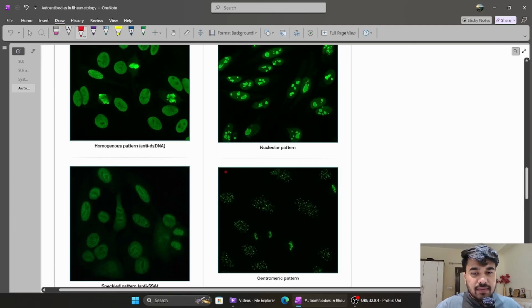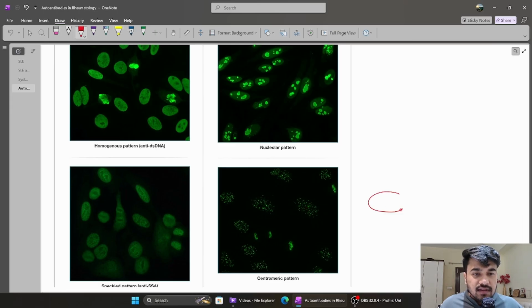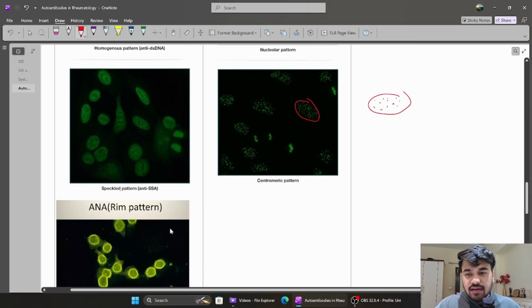Similarly, in centromeric pattern, only the small centromeres inside the nucleus are stained. So it's a very peculiar appearance that multiple small stained dots are visible inside the nucleus. So this is how the centromeric pattern staining looks like, right? So this is the homogeneous pattern, then the speckled pattern, the nucleolar pattern, the centromeric pattern, and the rim or peripheral enhancement pattern.